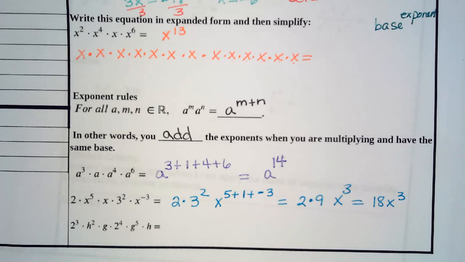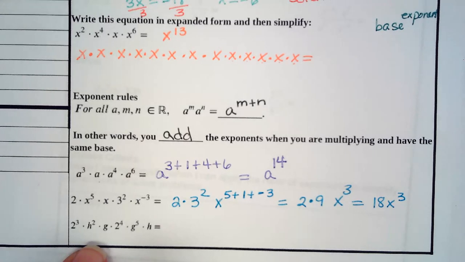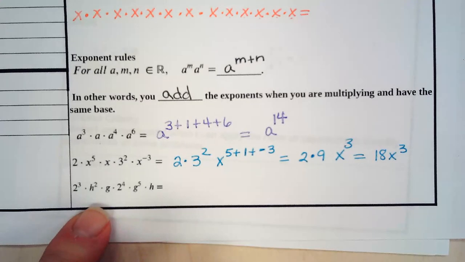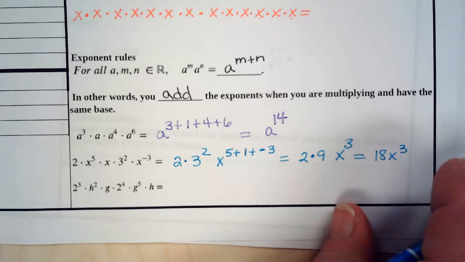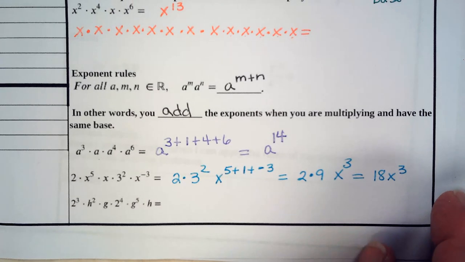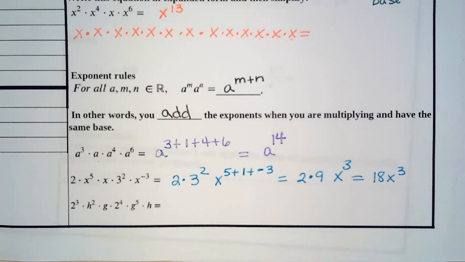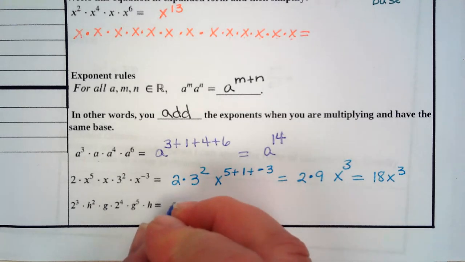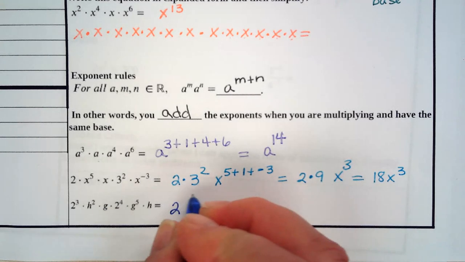Okay, pause the video and see if you can do the last one on your own. What does it look like when we're multiplying and have exponents? I hope you tried on your own. So if we're looking at it, this is 2 to the 3 plus 4 power.